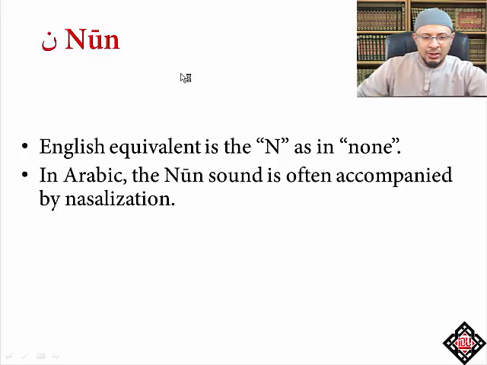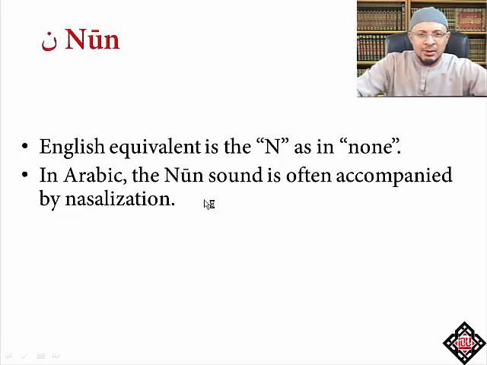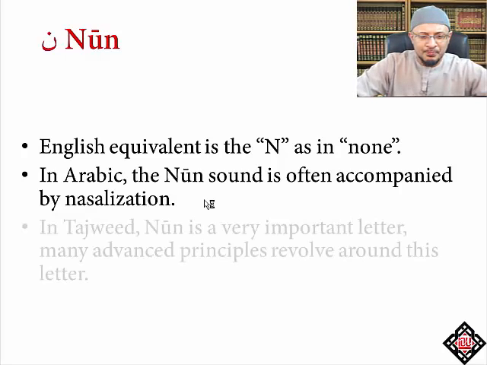In Arabic also we have the component of the noon sound, the nasalization sound, right? We mentioned that in Arabic, as we will see very shortly, the noon sound is accompanied by nasalization. The nasal passages have a very important role in the complete appropriate sound of the noon.